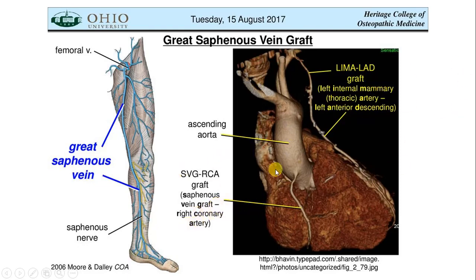Here is an example shown. And here is another, the LIMA to LAD graft. LIMA means left internal mammary artery, which is supplying the thorax.